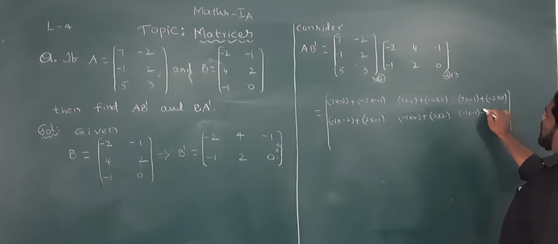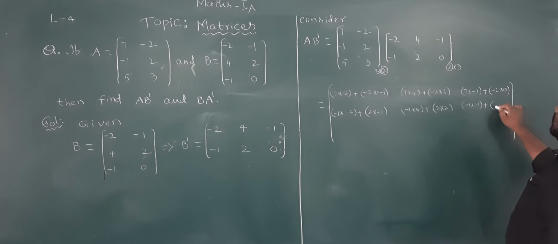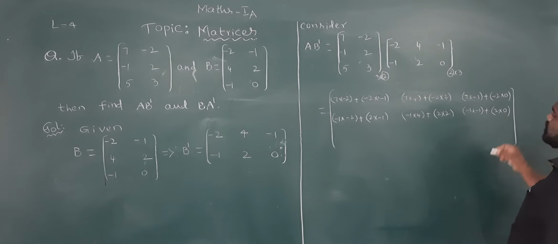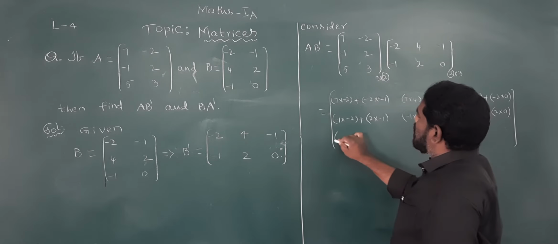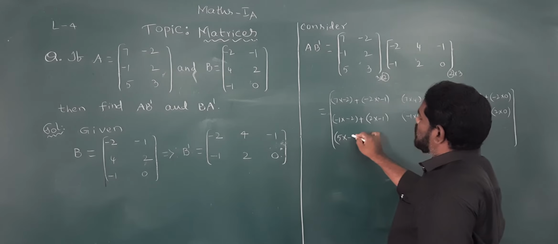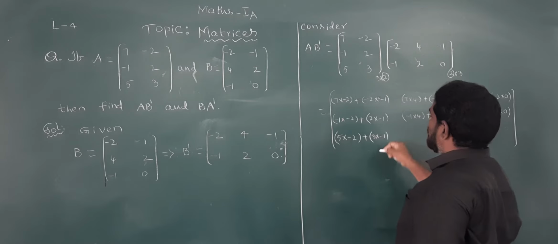Next, second row, third column: -1 into -1 plus 2 into 0. Next, third row, first column: 5 into -2 plus 3 into -1.